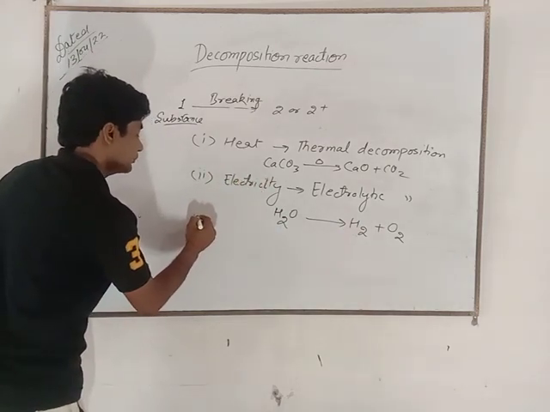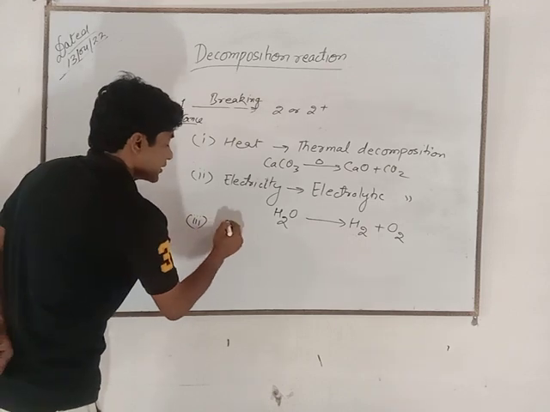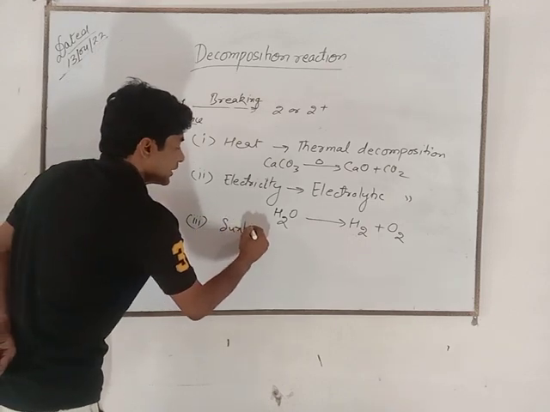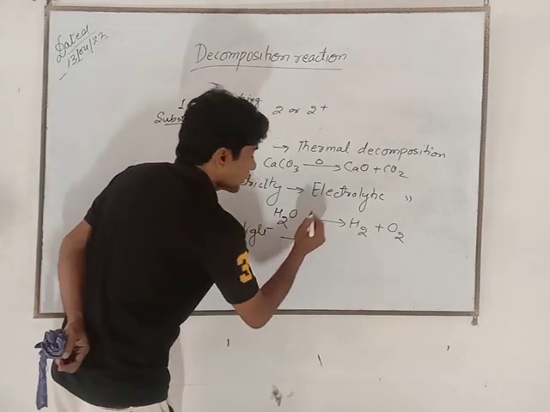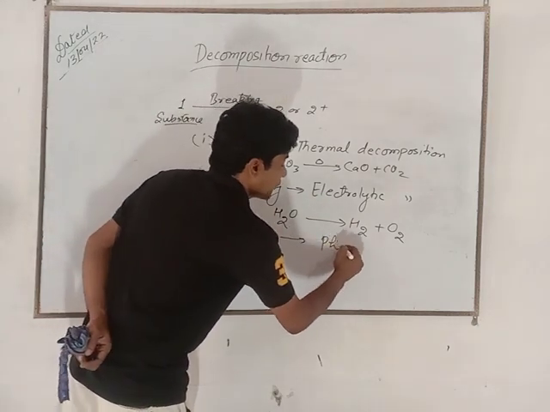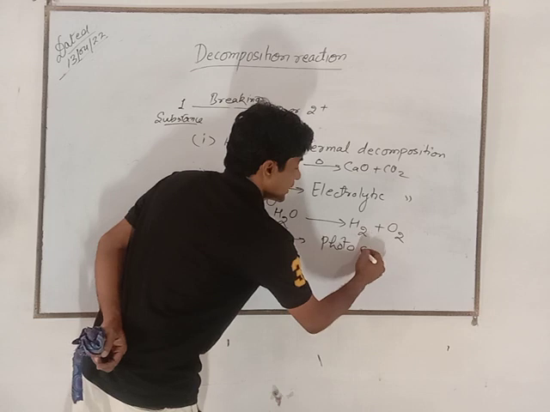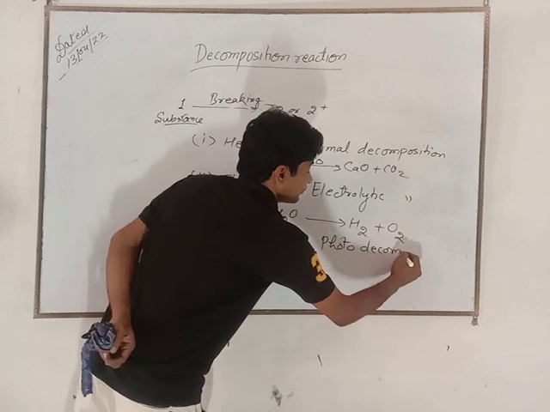Third one may be sunlight. If it is sunlight, then this type of decomposition is known as photodecomposition.